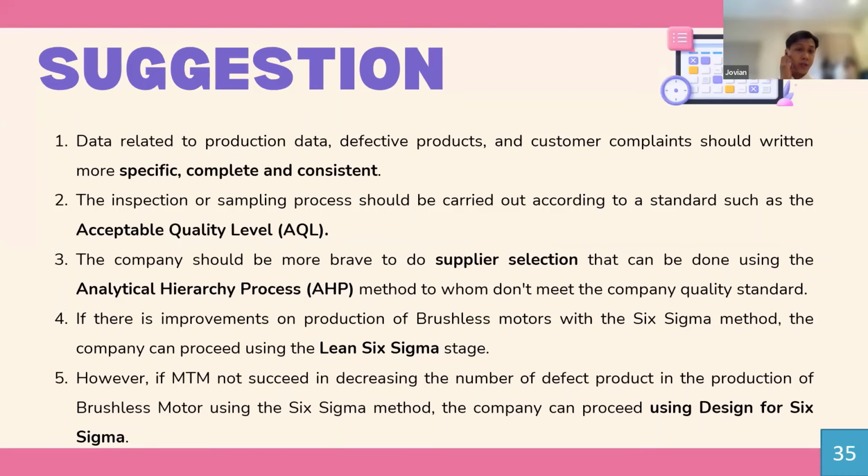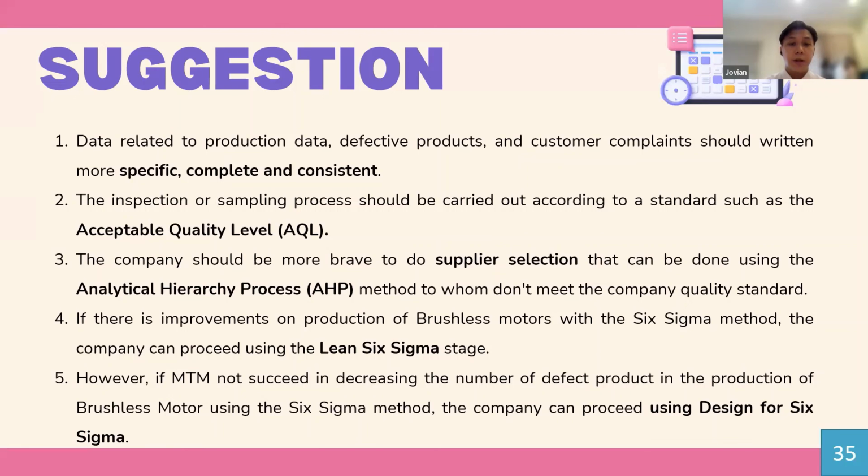And this is the suggestion for the company: data related to production, defective products, and customer complaints should be written more specifically, completely, and consistently. The inspection or sampling process should be carried out according to a standard, such as the acceptable quality level, or AQL.